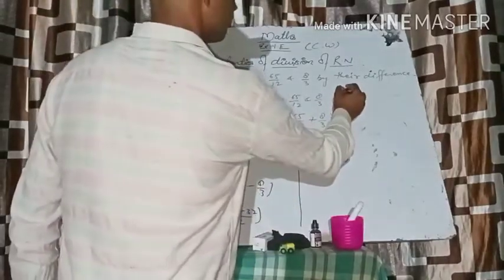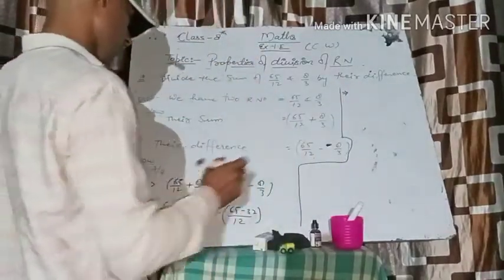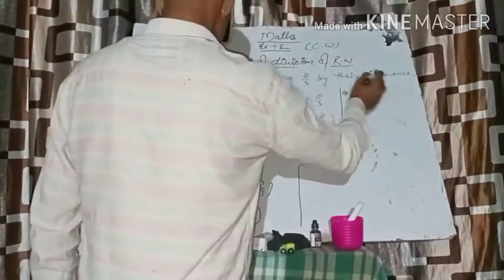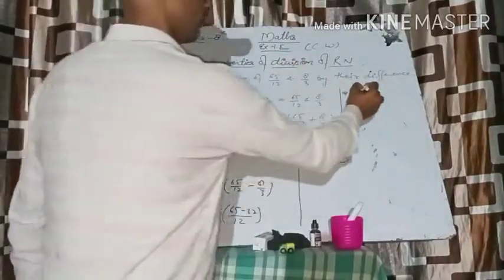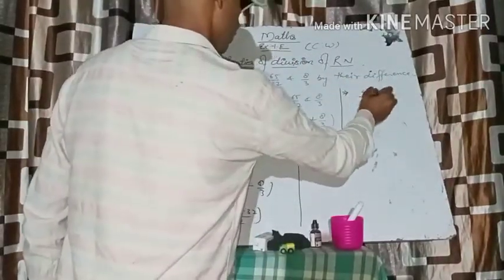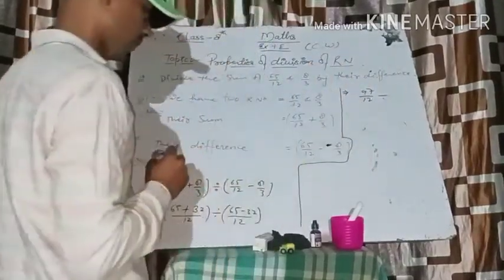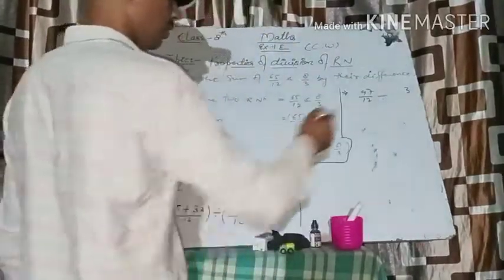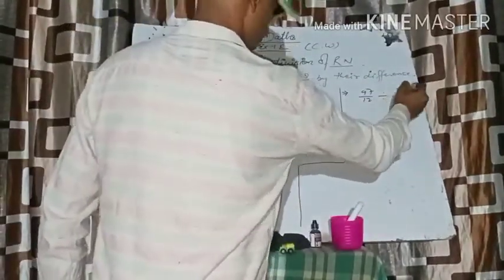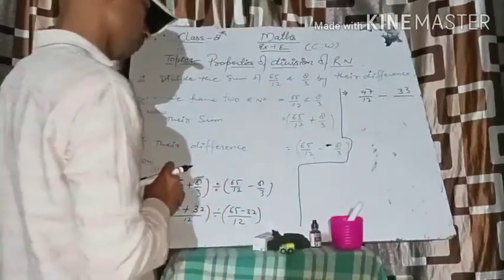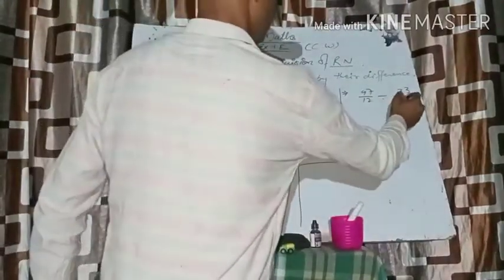This implies it becomes 97 upon 12 divided by 33 upon 12. Now it's clear.